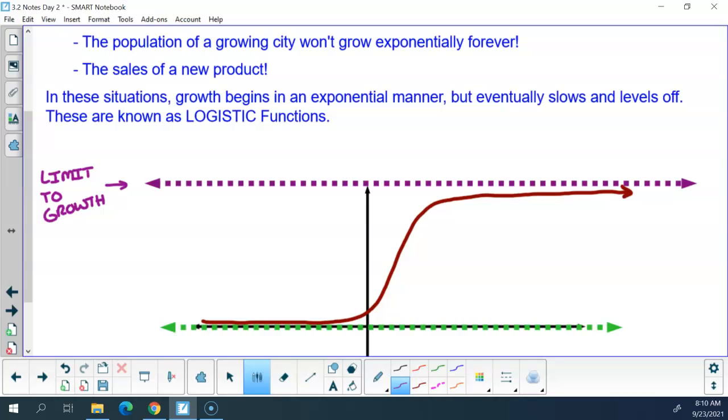The function will never get bigger than that. So it's tunneled in. The function will always only exist between the green and the purple. It will never go outside of green and purple.